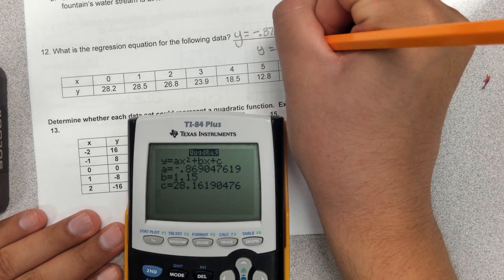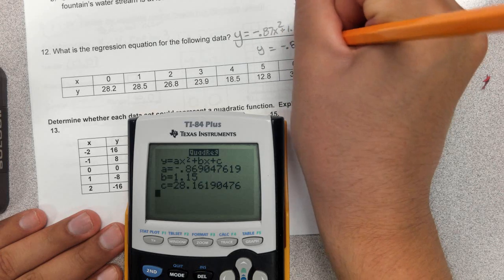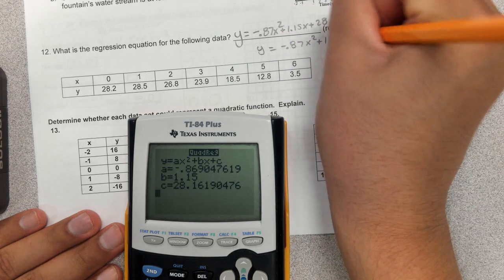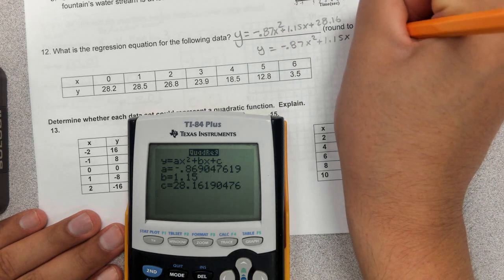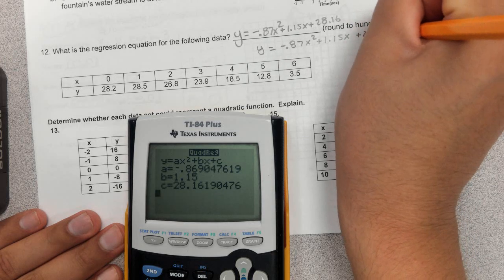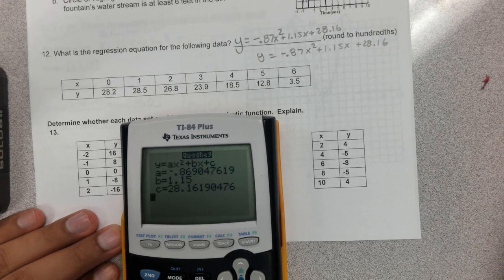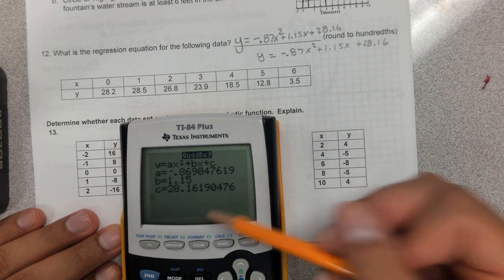Let me just rewrite that. So that would be the regression equation. You get that from parts A, B, and C.